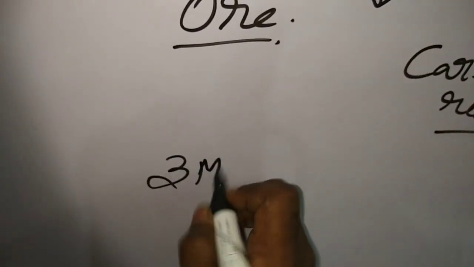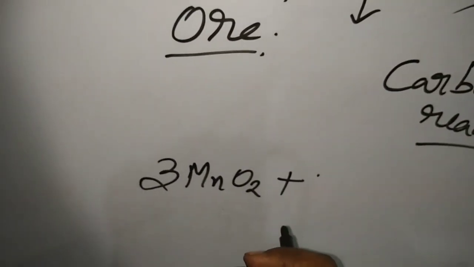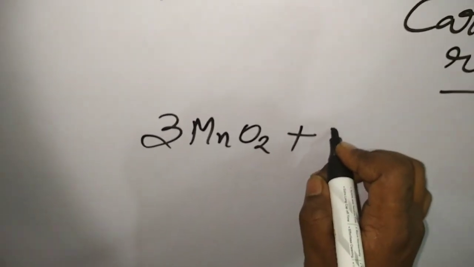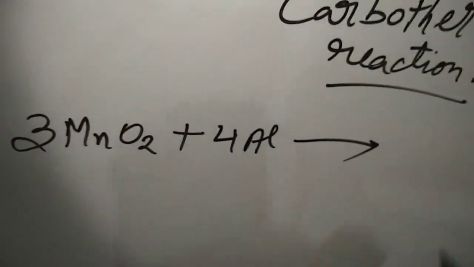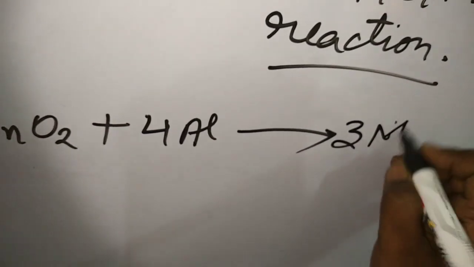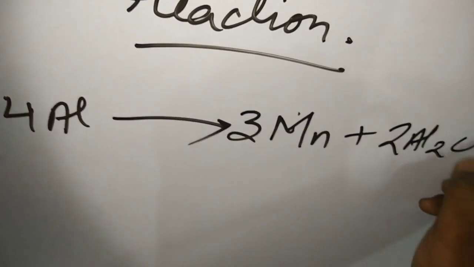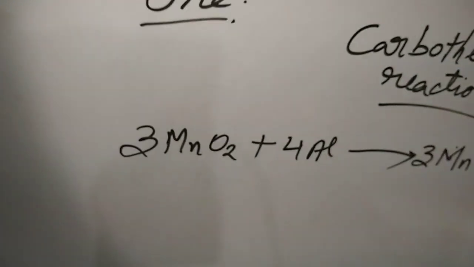The other example, such as when we extract manganese, see how manganese is extracted. Manganese oxide reacts with aluminium. It will form the pure form of manganese and aluminum oxide, Al2O3. Okay students, understand? Now see how silicon is extracted.